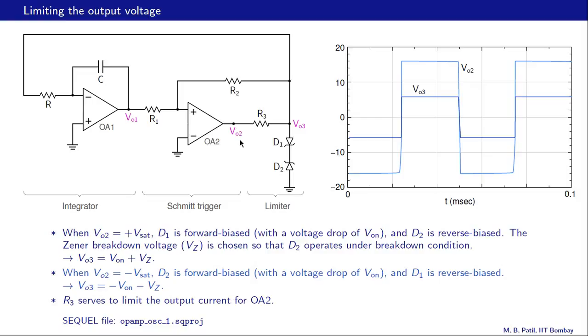When VO2 is high, let's say this is our VO2 level, the high level, then D1 conducts in the forward direction, D2 conducts in the reverse breakdown mode, and then VO3, this output voltage, is V on plus Vz, V on appearing here and Vz appearing here.